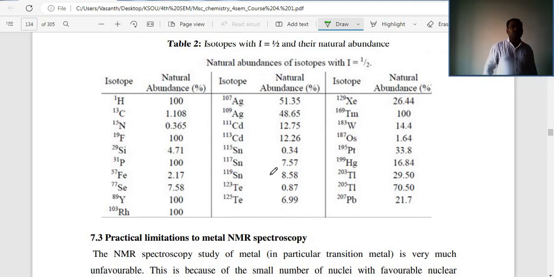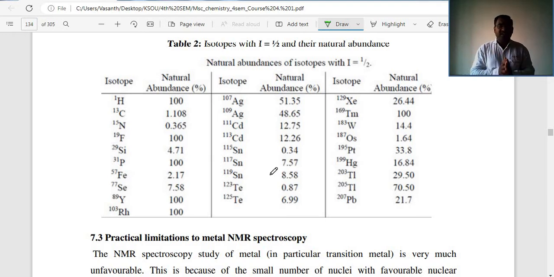Hydrogen exists in different isotopes: protium, deuterium, tritium; carbon 12, 13, 14; nitrogen 14, 15; fluorine, silicon, phosphorus, iron, selenium, yttrium, rhodium, silver, cadmium, tin, tellurium, xenon, tungsten, osmium, platinum, mercury, thallium, lead.